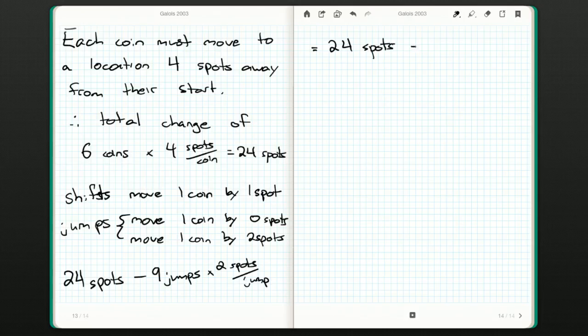So 24 spots minus 18 spots is equal to 6 spots left over to change. Okay, so do these 6 have to be with shifts, or could we do 3 other jumps? That's the real question. If we can show that these spots here have to be shifts, then we'll have 9 jumps and 6 shifts.